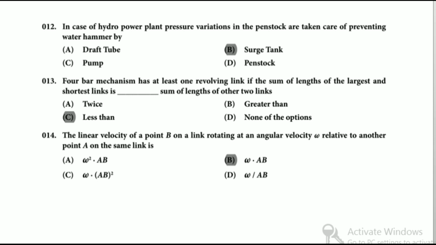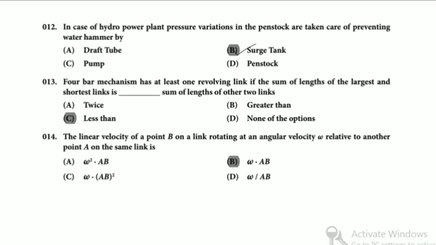So here what you need to do is prevent water hammer in the hydropower plant, which is caused by pressure variation, right? So you need to use a device which can be useful for damping and as a pressure relief, right? From the options you can see the surge tank can do this work, right? So the right answer should be the surge tank.